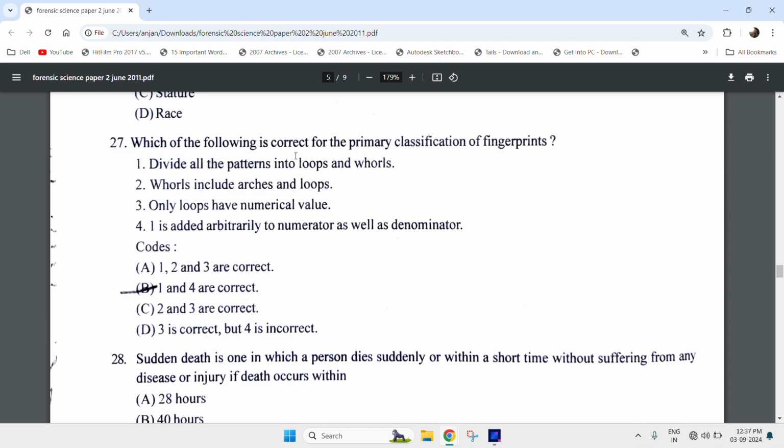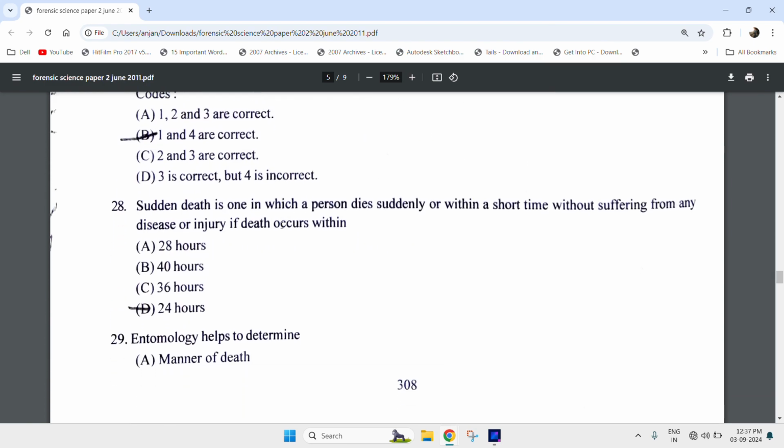Which of the following is correct for primary classification of fingerprints? 1 and 4. Divide all patterns into loops and whorls. One is added arbitrarily to numerator as well as denominator.